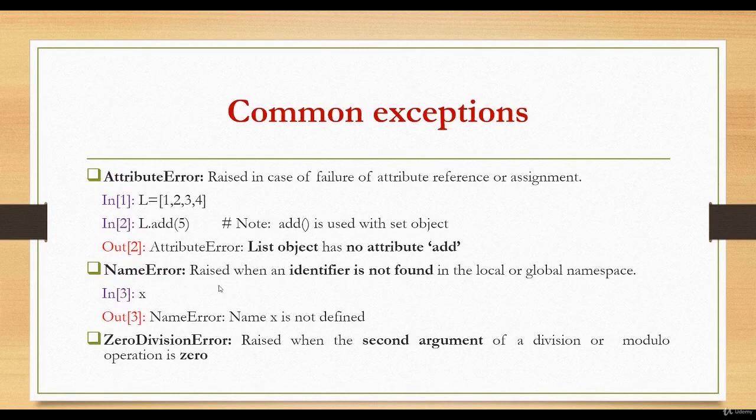It is raised when that particular identifier is not found. Before defining this identifier, if you call it, it will give name error. Zero division error. When the second argument of a division or modulo is 0, Python raises zero division error.